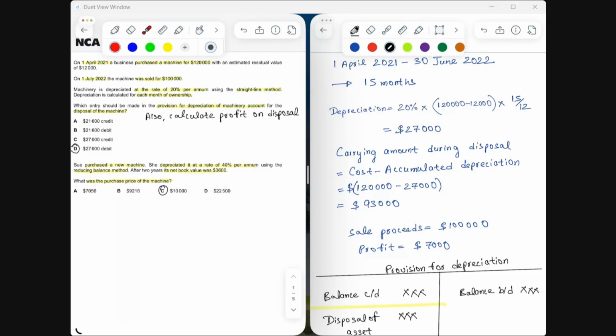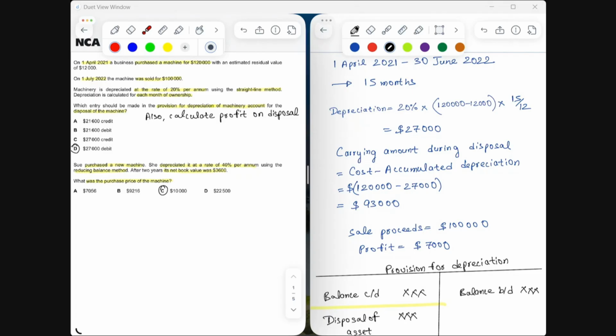On the 1st of April 2021, a business purchased a machine for $120,000 with an estimated residual value of $12,000. On 1 July 2022, this machine was sold for $100,000.